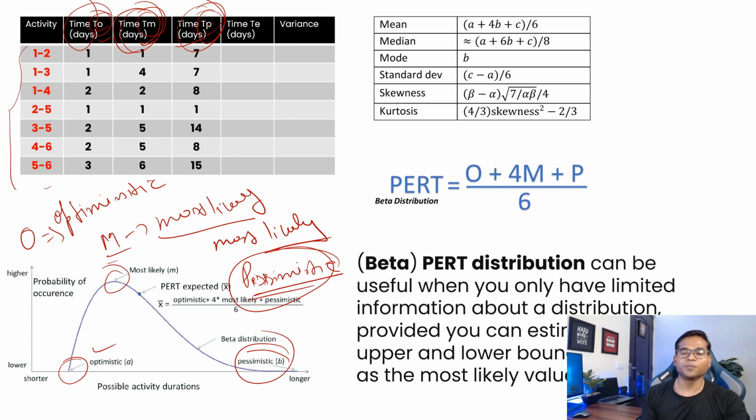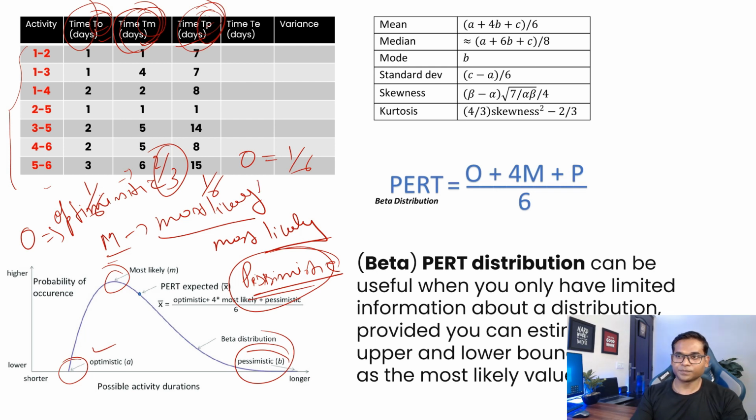So what happens is that a beta distribution assigns weightage to these three values: the optimistic, pessimistic, and most likely. It basically assigns 1/6 weightage to optimistic, 1/6 to pessimistic, and 2/3 to your most likely. So for optimistic it provides a weightage of 1/6, right?